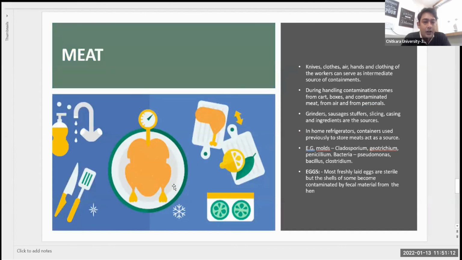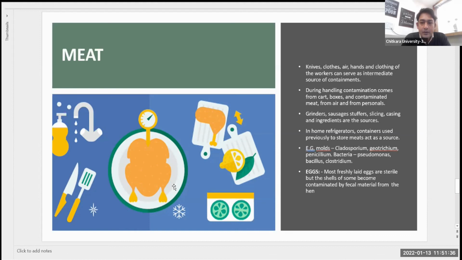Meat products are very much susceptible to the growth of microorganisms. When we are handling meat products, in the poultry, in the farm, or in the kitchen or anywhere else, it is important that the meat product remains segregated and is processed in a clean environment.